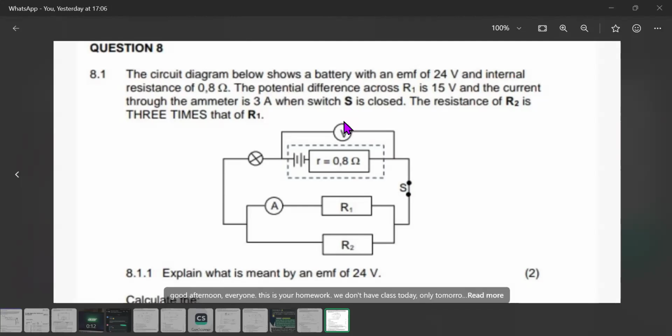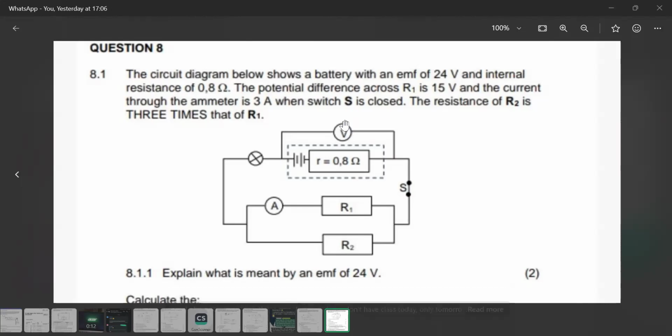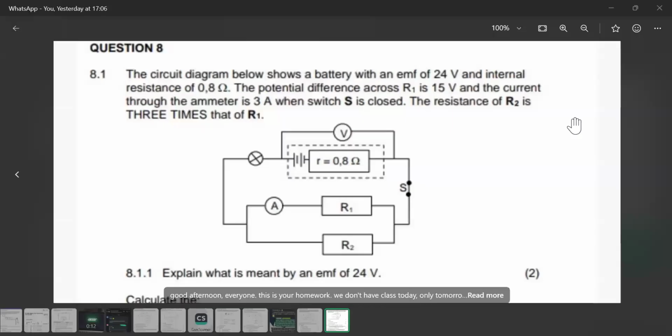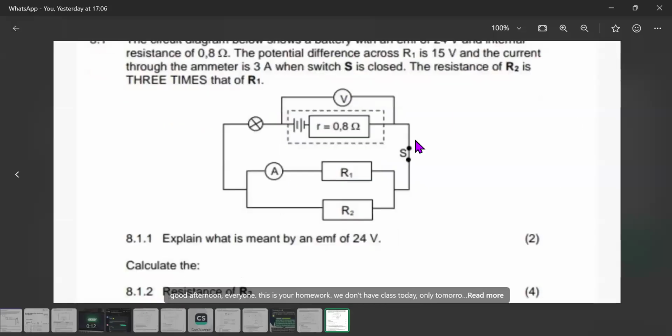Or you can say the battery supplies a maximum of 24 joules of energy to each 1 coulomb of charge that passes through it. That's the meaning of the EMF of 24 volts.